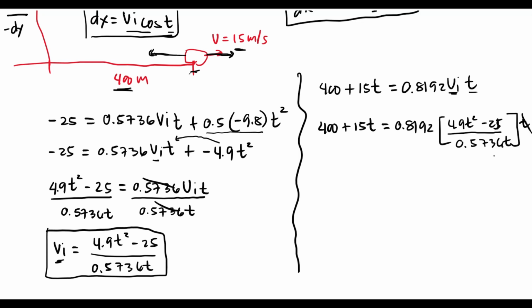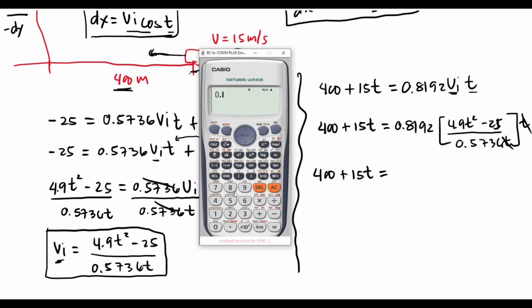Then observe that we can cancel this unit. So we have now 400 plus 15 times the time equals 0.8192 divided by 0.5736.